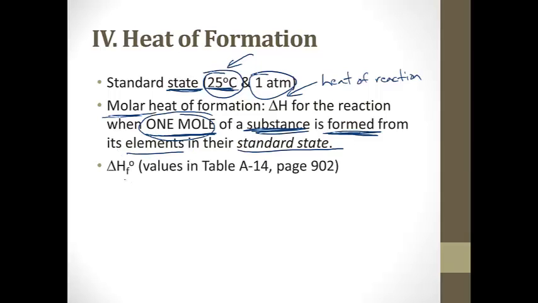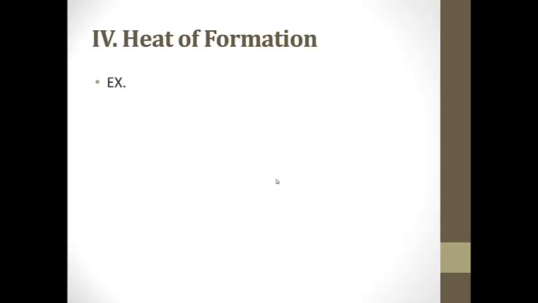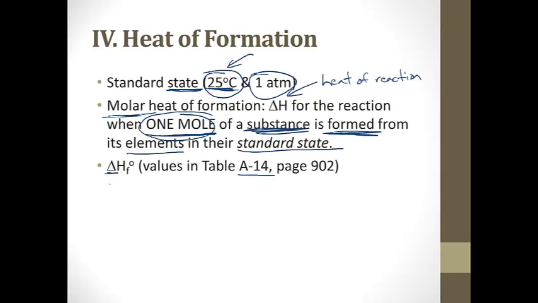The heat of formation symbol is delta H F naught. You can find these in table A14 in the back of the book, page 901. Now, what do all these things stand for? F is going to stand for formation. Delta H is the heat of reaction.